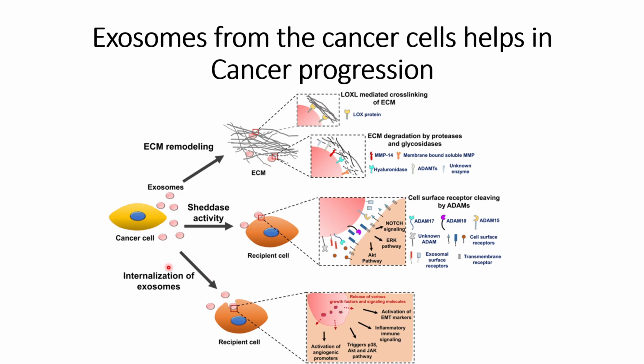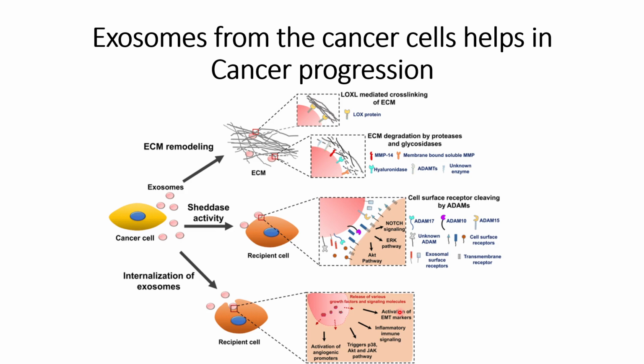The next category is internalization of the exosomes. In this case, the exosomes not only remain at the cell surface, but also internalize into the recipient cells. As soon as they internalize, they release several growth factors and signaling molecules that activate different signaling pathways, such as the EMT markers.